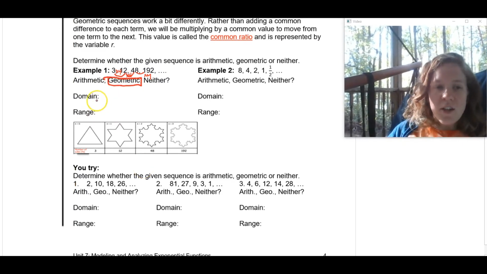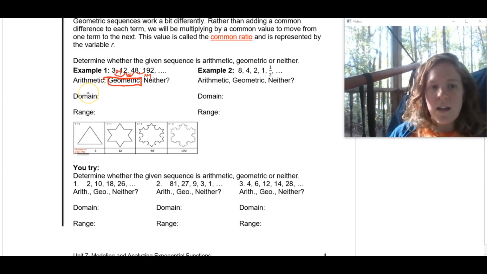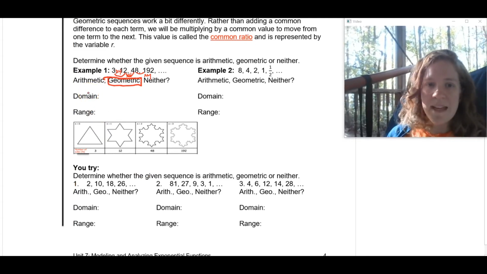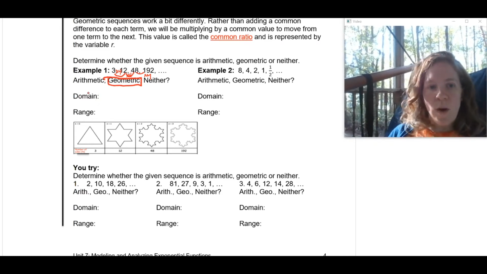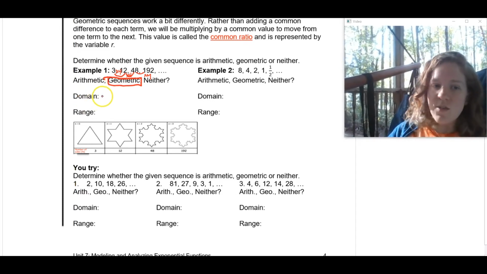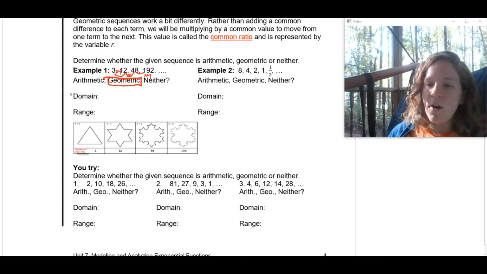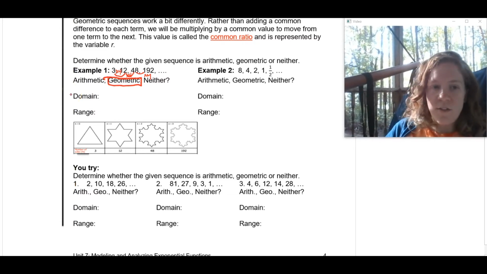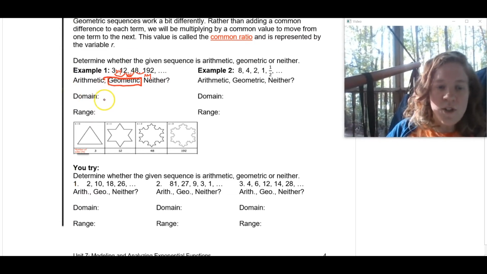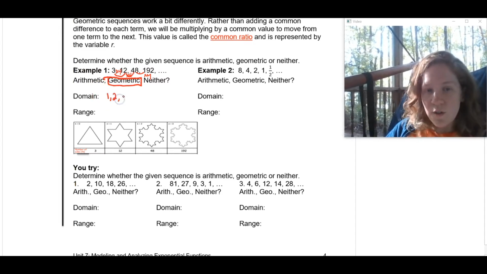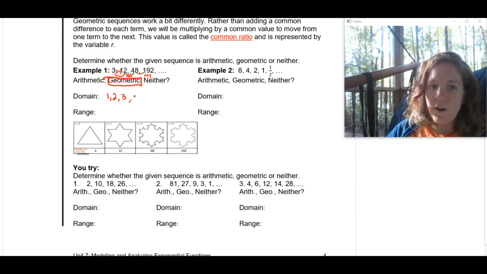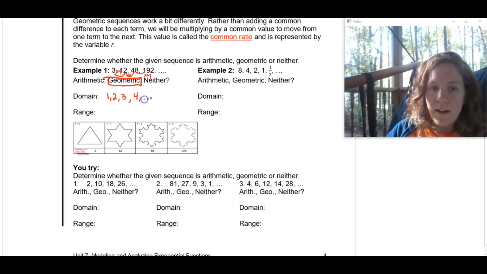If I were to ask you about the domain and range, one of the things that we try to stress that makes arithmetic and geometric sequences different from normal equations is that your domain is restricted. You don't have a domain of all real numbers like a normal exponential function. Instead, the only numbers you're going to plug in are your 1 for your first term, your 2 for your second term, your 3 for your third term, and so on.